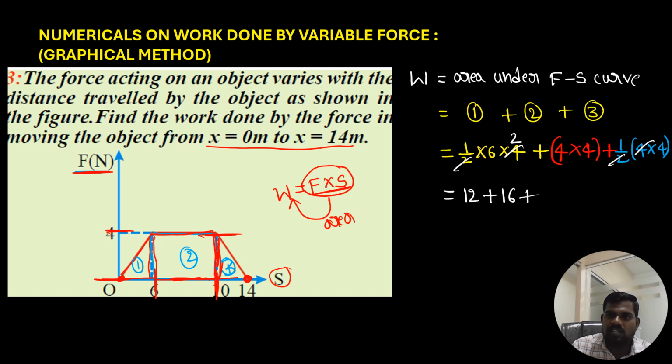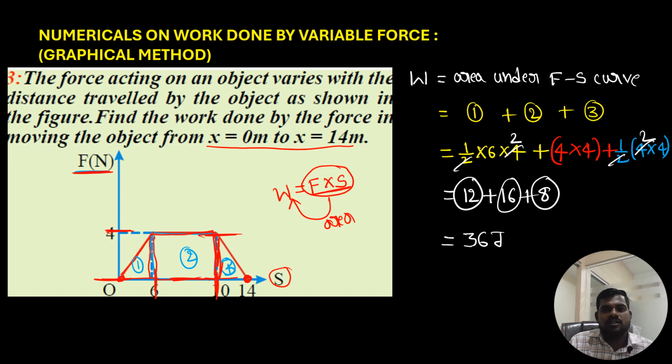Again 2 ones cancelled, then it is 8. 12 plus 8 is 20, 20 plus 16 is 36 joules. So work done is 36 joule. This is the answer.